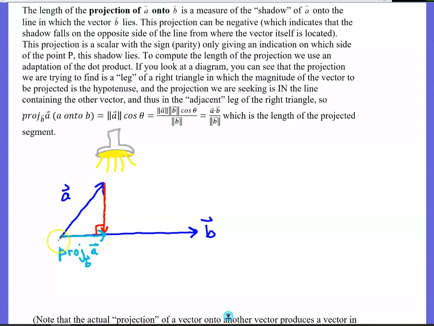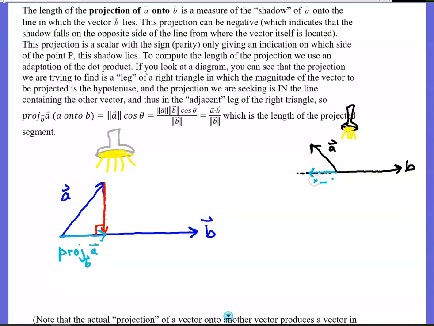Now, projections can be positive or negative. This one would be positive because the projection is headed in the same direction as my vector. To show you quickly what it would look like if it wasn't, I might have vector B, and perhaps I've got A headed in this direction. Again, that light source is headed from above directly onto B, and so now you'd have to extend B in the opposite direction, and now your shadow would be here.